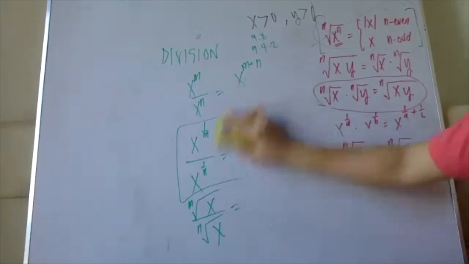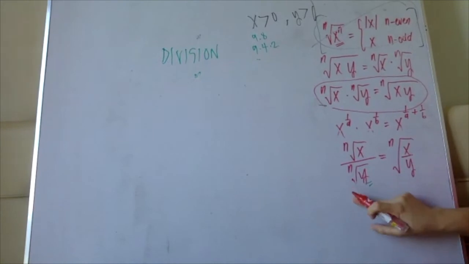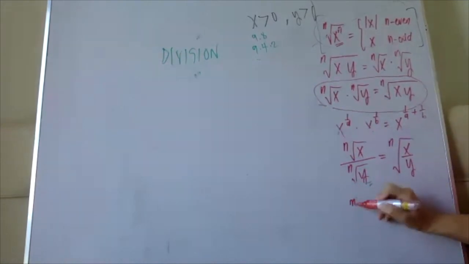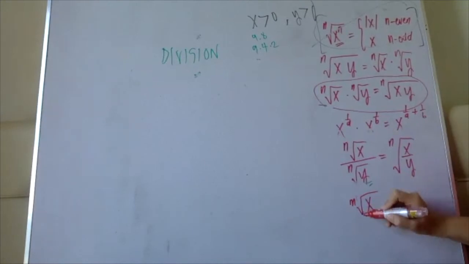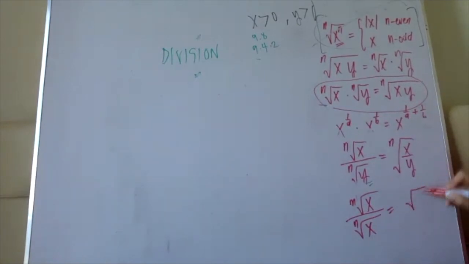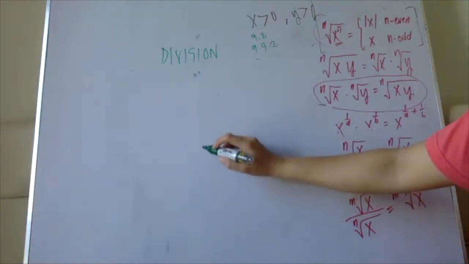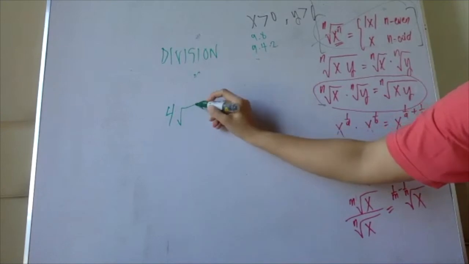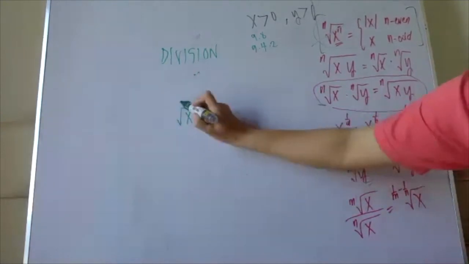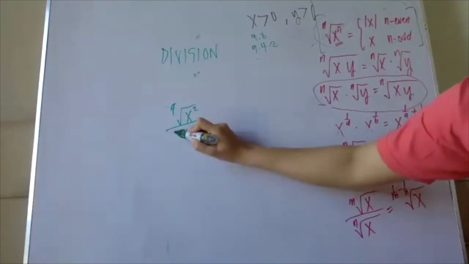So, for example, fourth root of x squared over cube root of x.